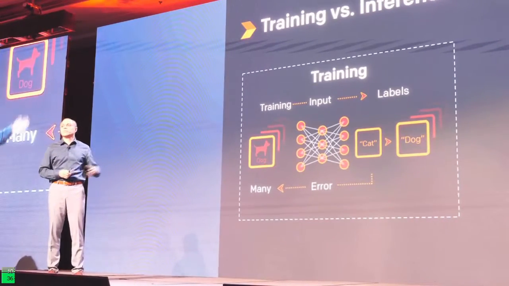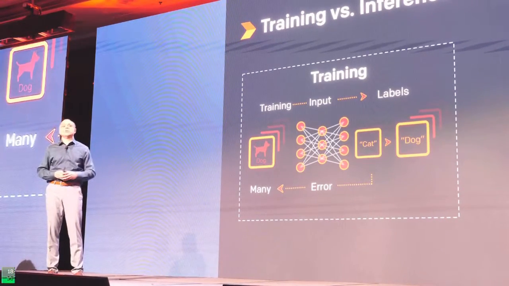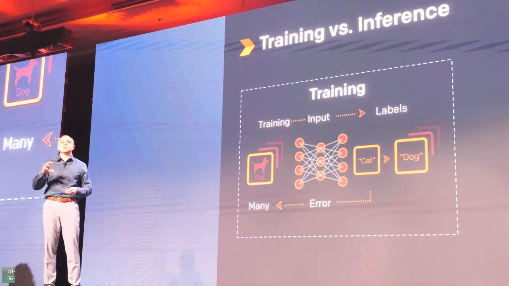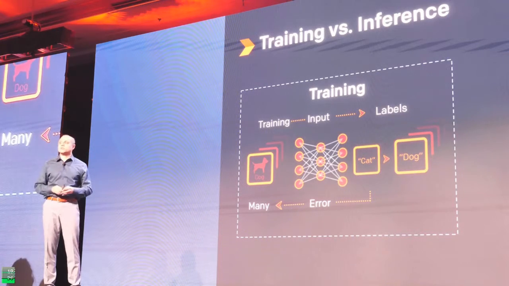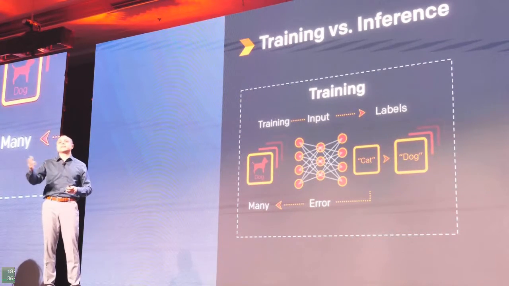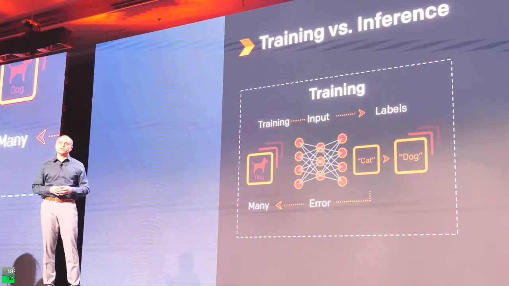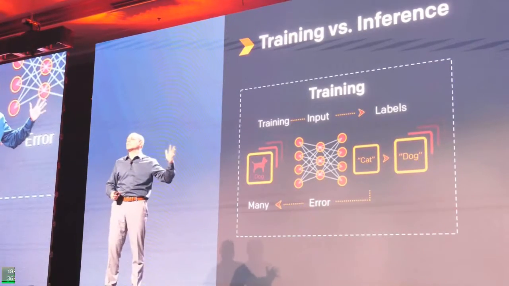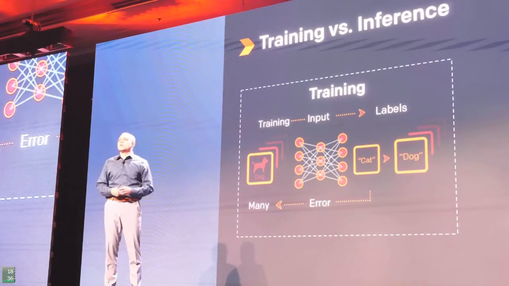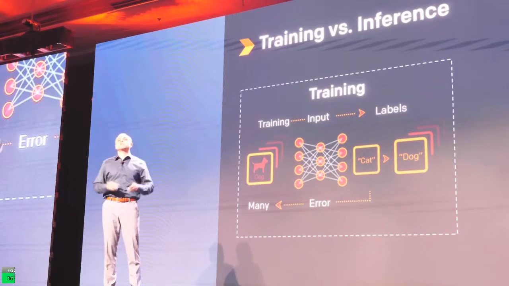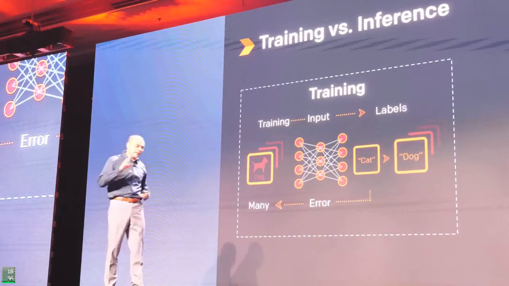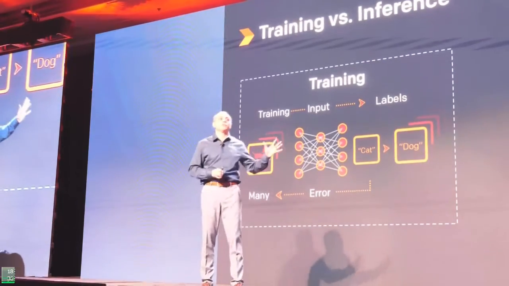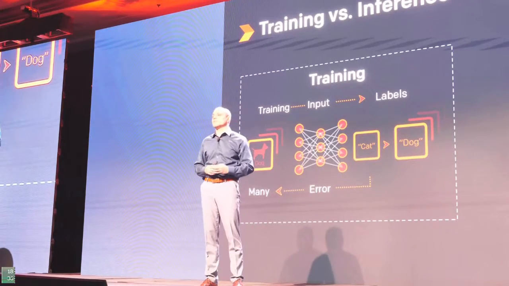You send it through, training is iterative, has a feedback. At the end of it, you produce results. You try and reduce errors. Errors such as detecting cats instead of dogs. Now, because training uses lots of data, lots of sample set of data, and very iterative, training performance is extremely critical. Now, latency and power is not as important in training because a lot of times training happens offline.